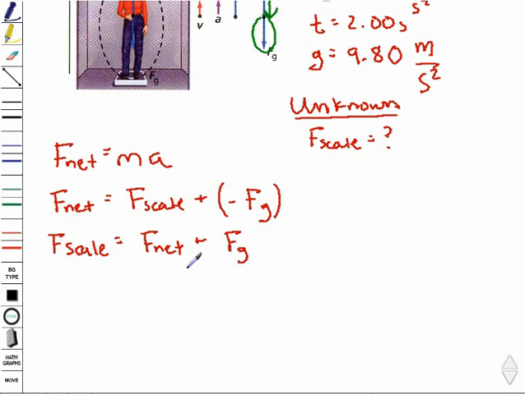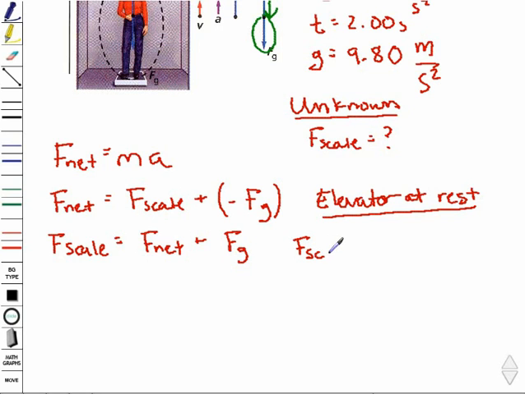When we look at the elevator at rest, meaning that it's not accelerating yet, we can actually figure out what the scale read before it started moving. We're going to use the same thing.